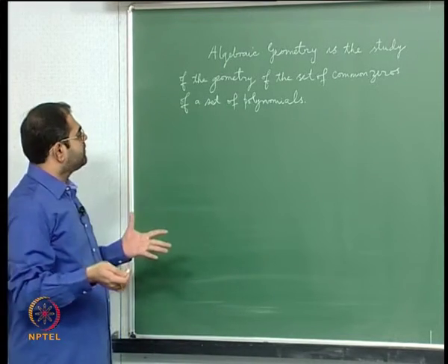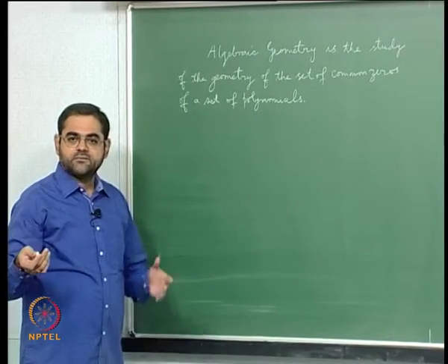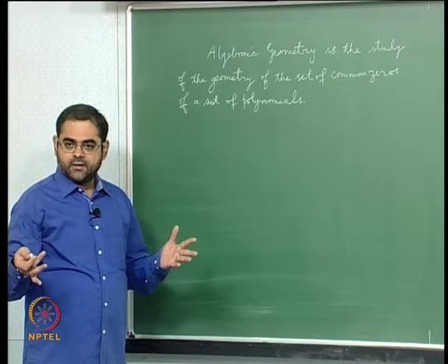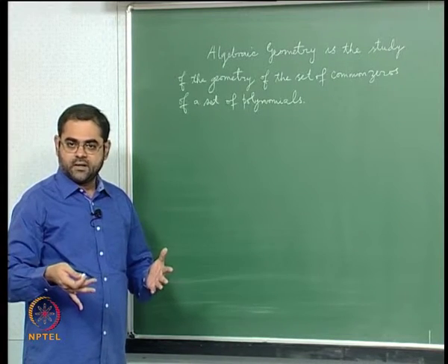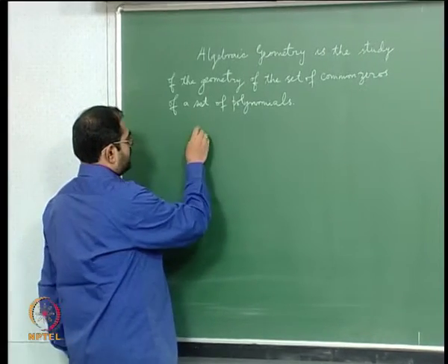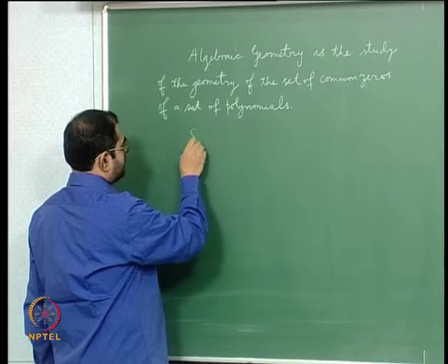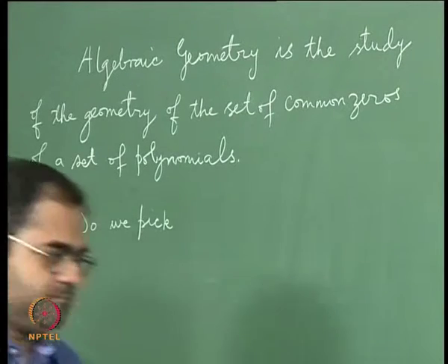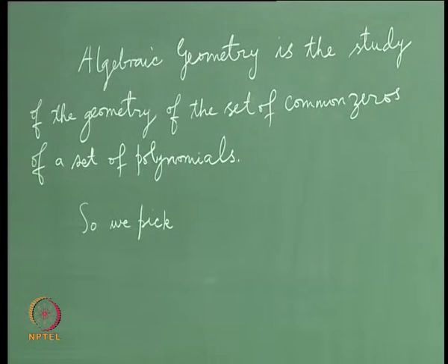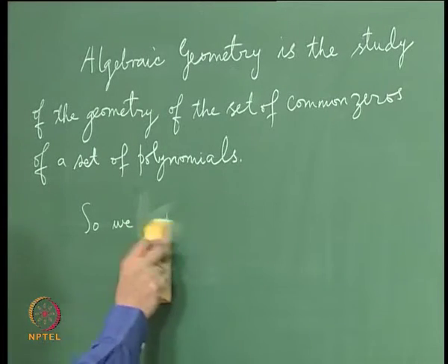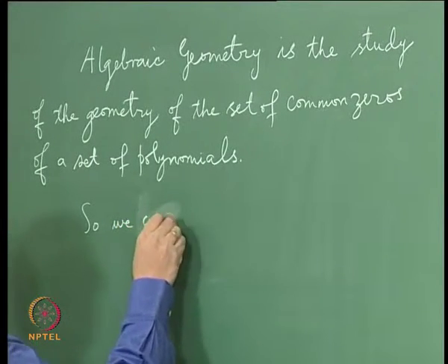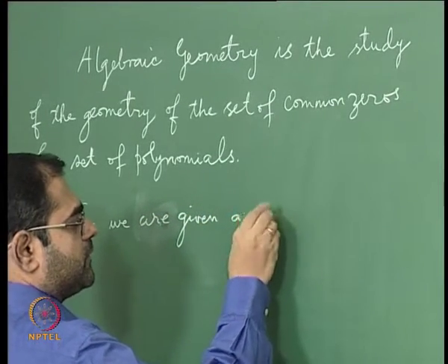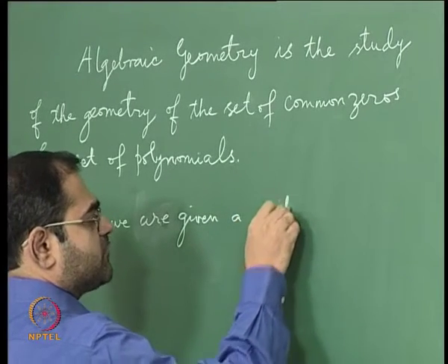Okay, so what is happening is that in this way the ring of polynomials in several variables over a given ring comes into the picture. So what you do is, or rather we are given, I should not say we pick, we are given a collection of polynomials, let me say a subset of polynomials.